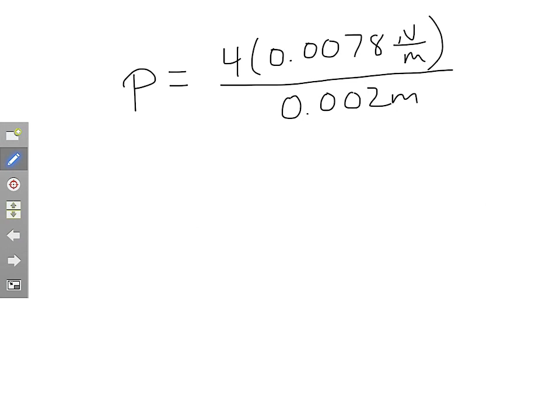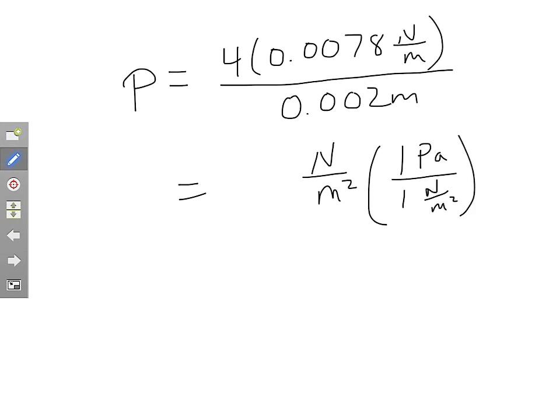And you can see that through the grid method, our units turn out to be Newton per meter squared. By this time, this ought to be starting to look quite a bit like a Pascal, because it is. Remember, 1 Pascal equals 1 Newton per meter squared. So we can make that conversion in a minute.